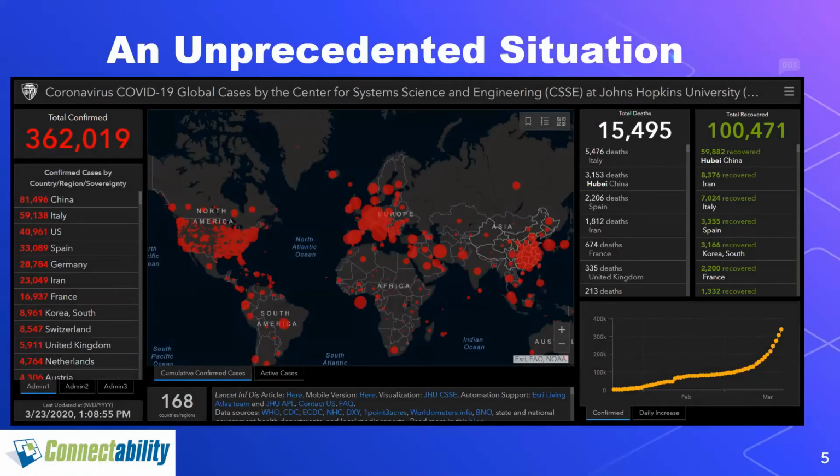Let me start by acknowledging the obvious. We are all in new territory. The SARS epidemic of 2003 had only about 8,000 diagnosed cases. You'd have to look back to the year 1918 and the Spanish flu for an epidemic of similar impact. And of course, things have changed a lot since 1918.